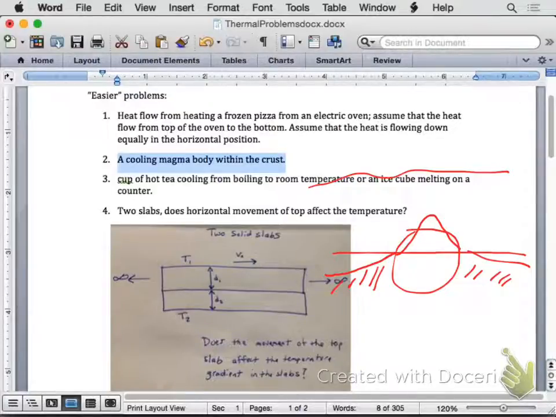Does that make sense? How that's different than the pizza? Because in the pizza, we're not necessarily as interested in what happens to the air around the pizza. And there also might be, in this one, a source. You could think about subtleties with source versus not.